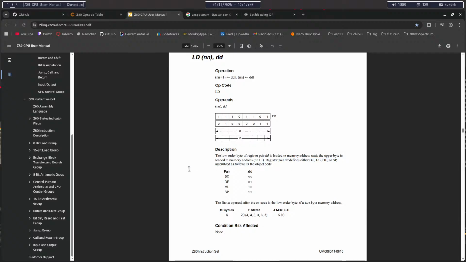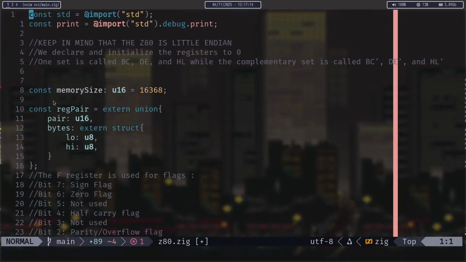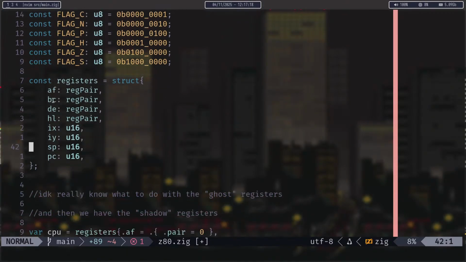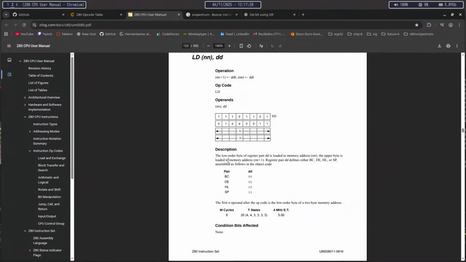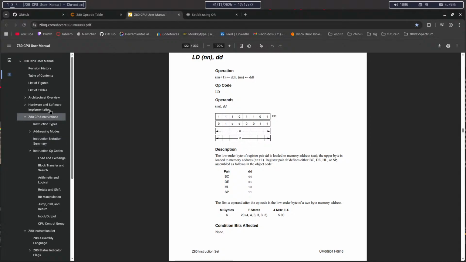Wait, it might actually be a register pair. I mean, I only have SP, but is it the stack pointer? Register pair DD defines either BC, DE, HL, or SB. Huh? I didn't know that was a register pair.